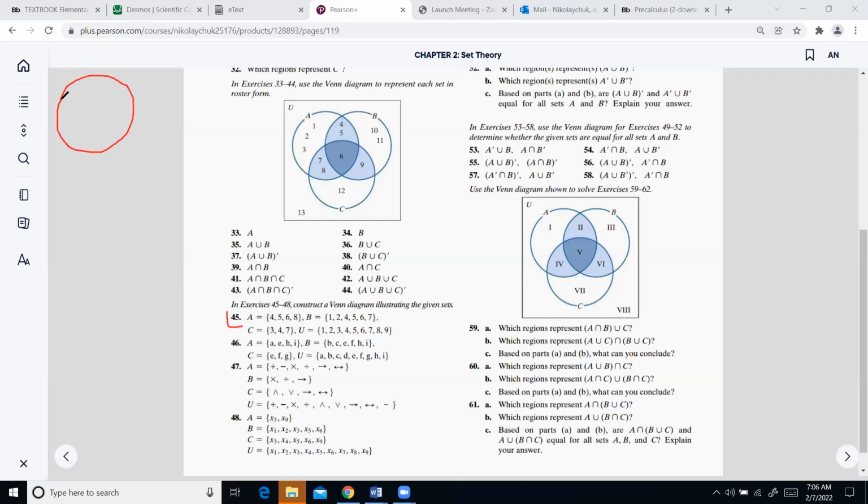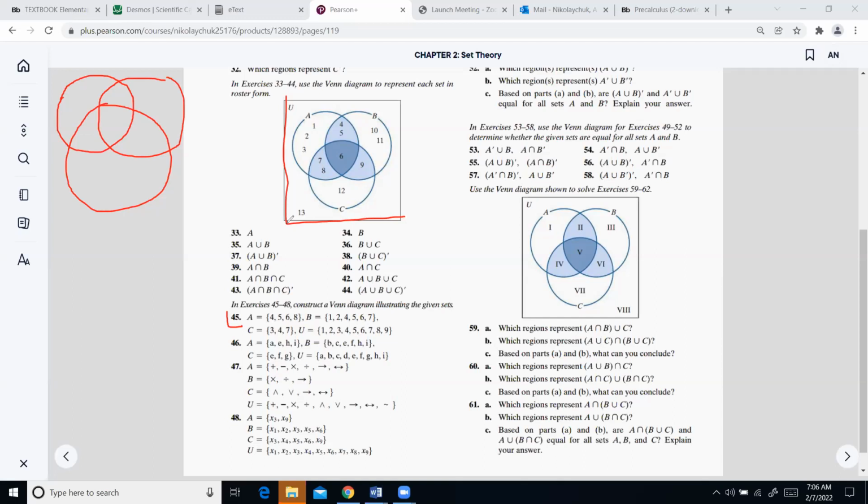I should make it bigger so I have enough room to put all the elements in it, somehow like that. I'm trying to resemble pictures that we have in this section. Now I need to carefully construct the Venn diagram.